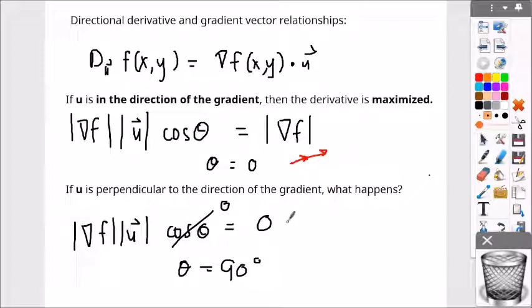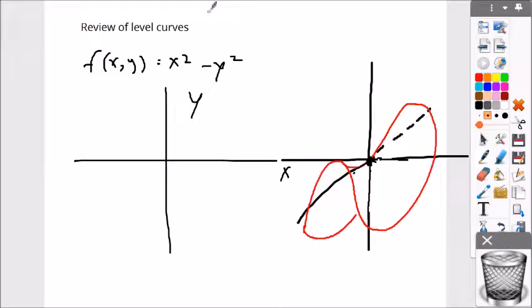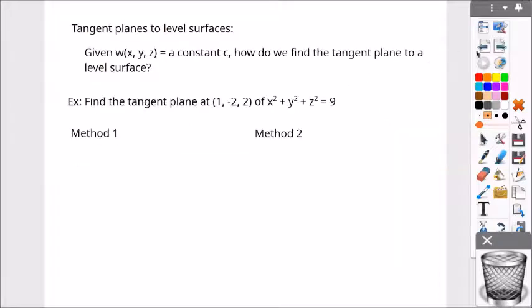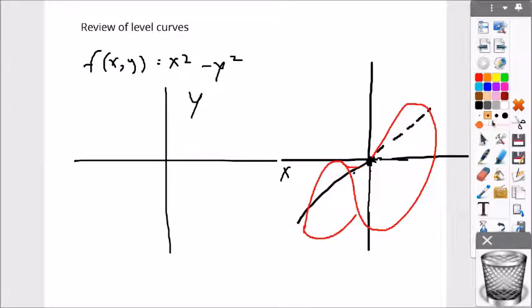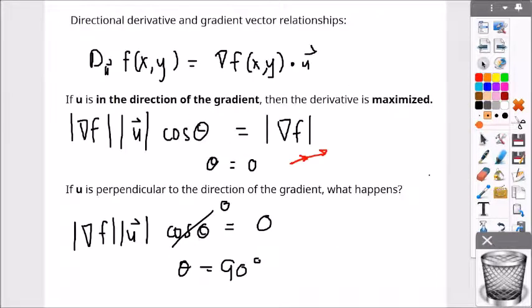Right? And when you have no change in something, you call that constant. And where in this chapter have we learned about stuff that's constant? It's in the level curves. All of the curves have constant value. It's just a curve, right?